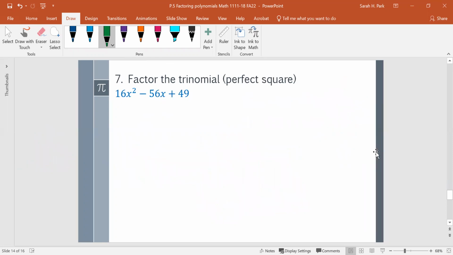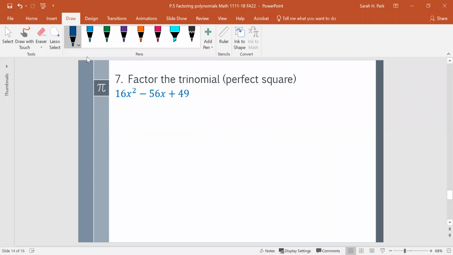Okay, factoring the trinomial when it's a perfect square. So we'll see what that means. What does it mean to be a perfect square? In this case, we have, for this problem, 16x squared minus 56x plus 49.